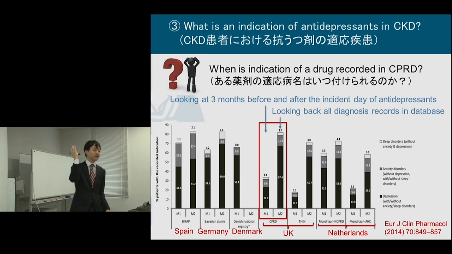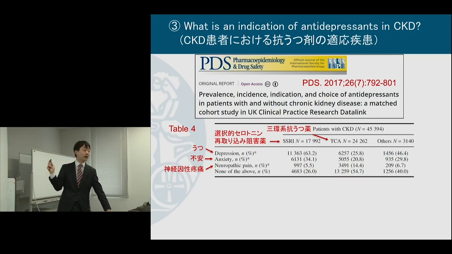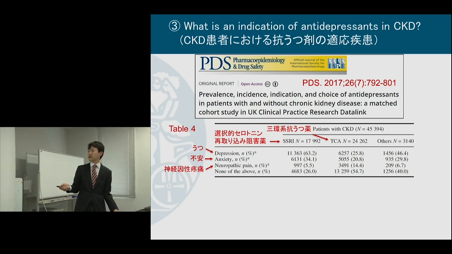Because once doctors input a diagnosis, they never record it again. So it's different country by country and database by database. Some databases, every time doctors may input diagnosis. But in the UK, it's not, and I don't know in Japan. So according to this result, I decided to look back all the diagnosis records in the database to identify indication for antidepressants. And this is a result in patients with CKD who initiated antidepressants by type of antidepressants and major indication.